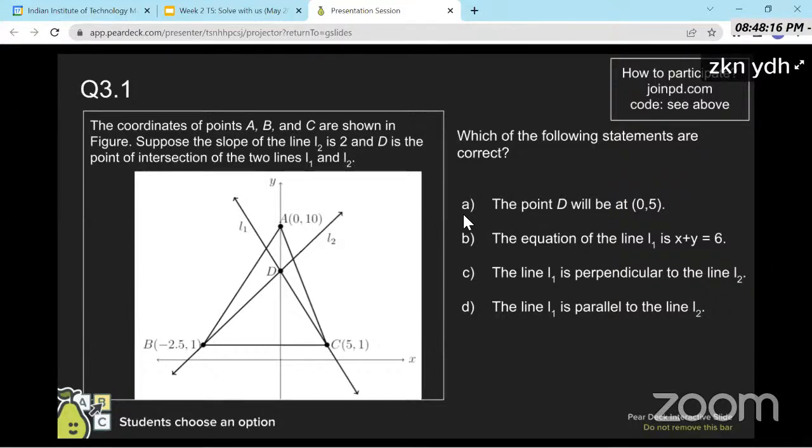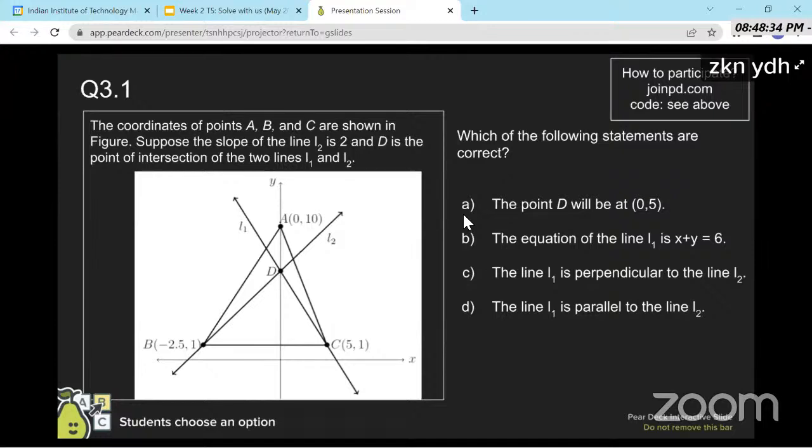Thanks, Lakshmi. That is a really nice approach, and I think I discussed it in a similar way. Yes, now you can please talk. Sir, suppose the coordinate of point D is x and y. Here x is 0 and y is y, and the slope of the line L2 is 2.